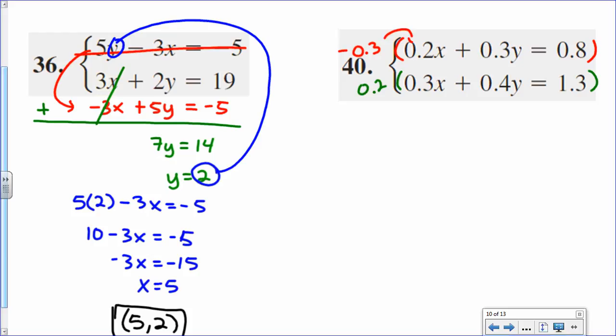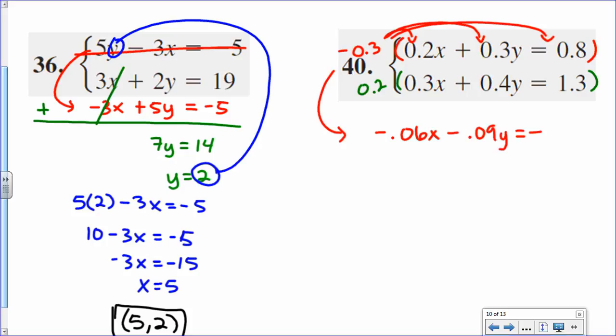Okay, so let's multiply everything by negative 0.03. So it's negative 0.06x minus 0.09y equals negative 0.24.